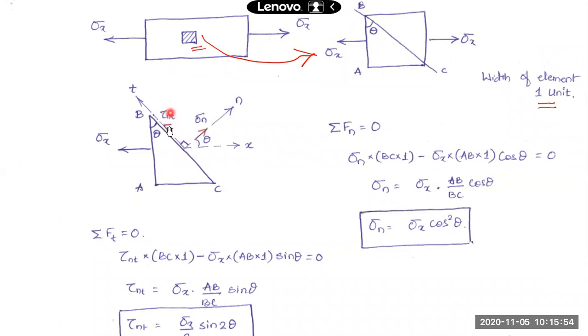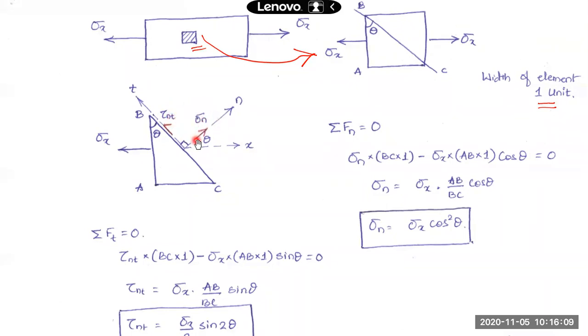So we are trying to find these two stresses.